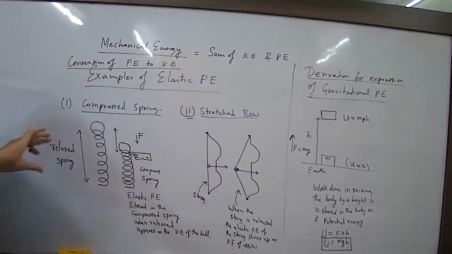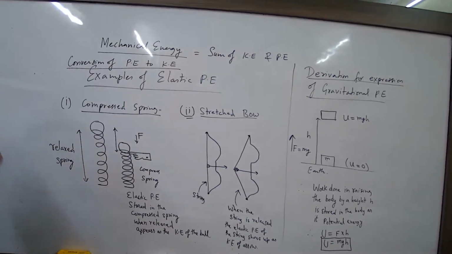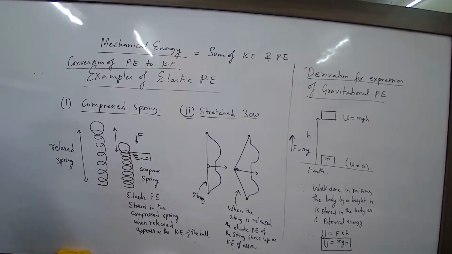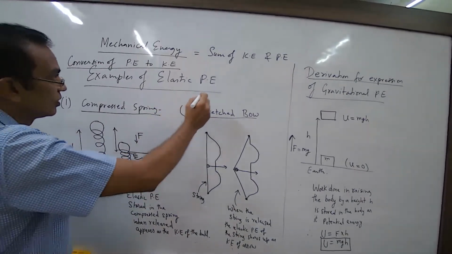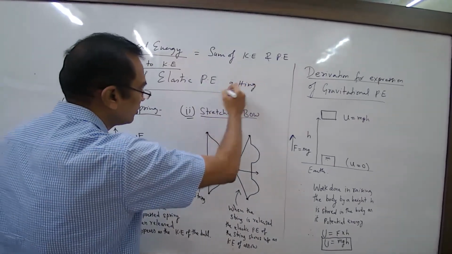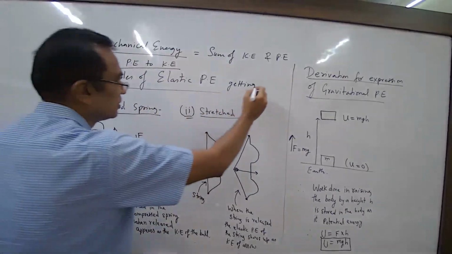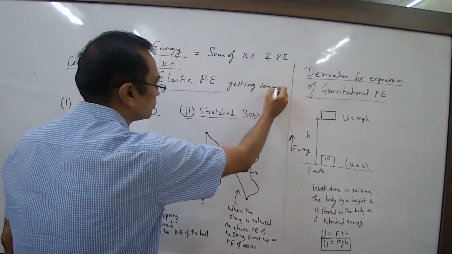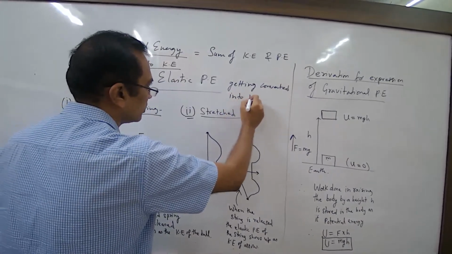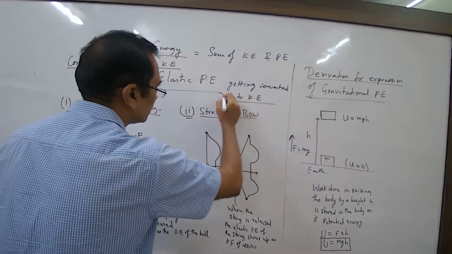One form of energy getting converted into another form of energy. That's the desired example. Or in the same title, you can write potential energy getting converted into kinetic energy. Okay, it is that example.